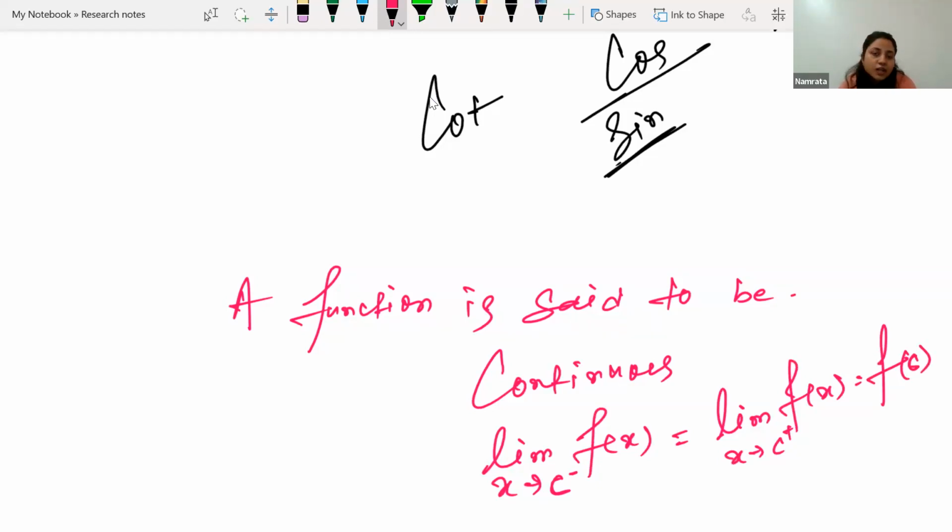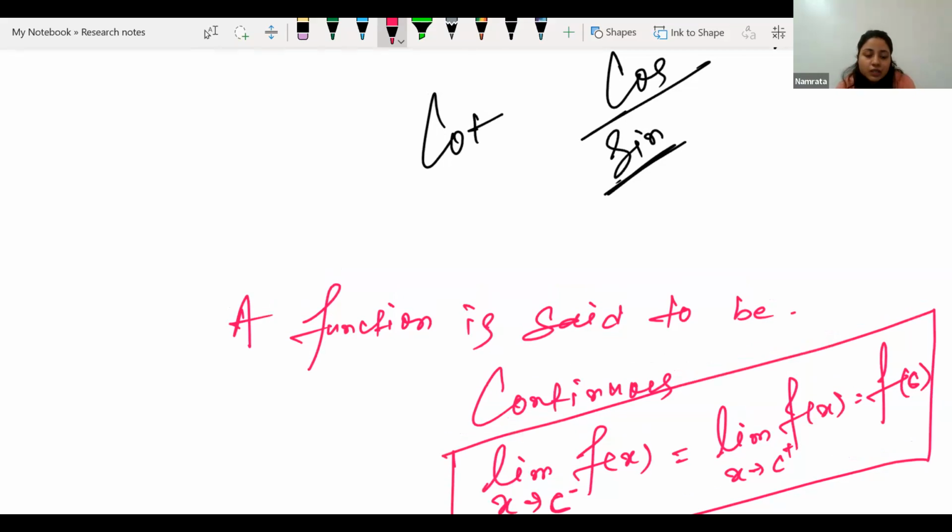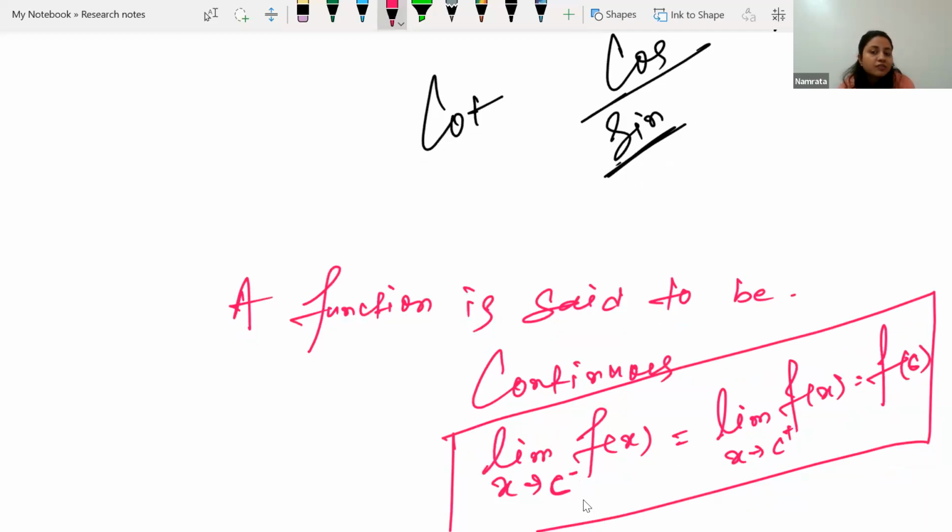If all three are the same, then we can say the function is continuous at x equals c. And if all the values are not the same, then we can say the function is not continuous at x equals c.